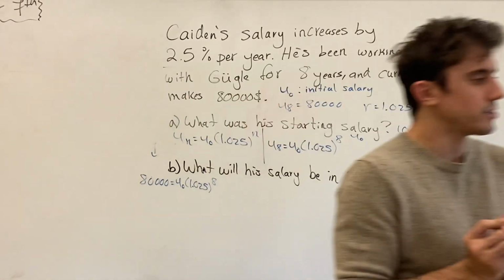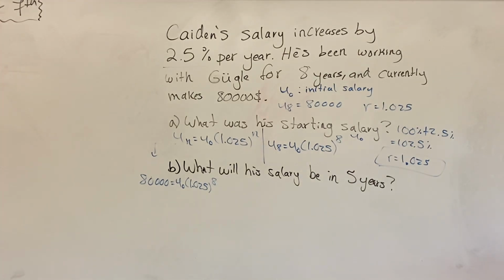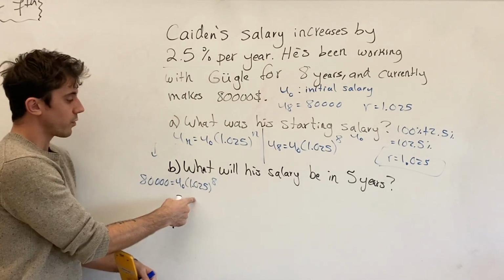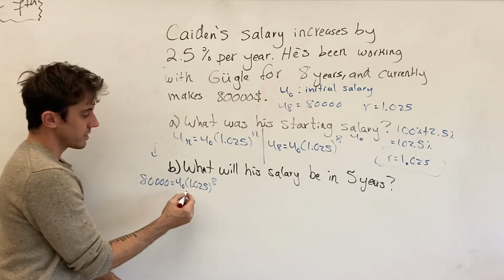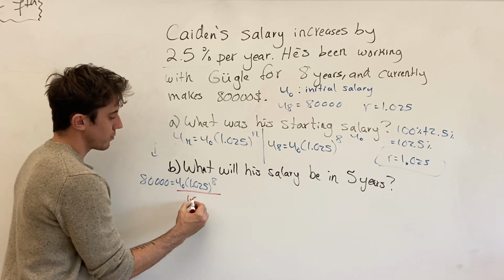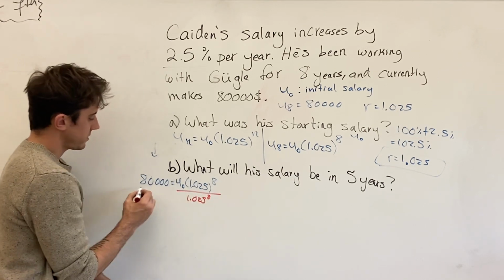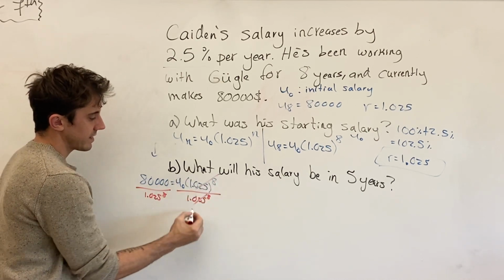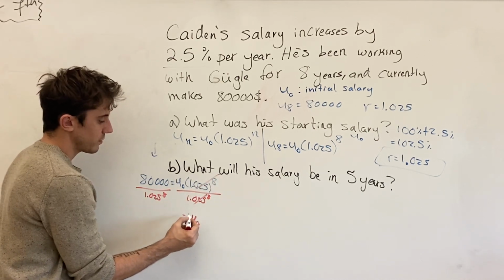Now we're down to just a bit of algebra, so let's do that together. We can divide both sides by 1.025 to the power of 8, so they cancel out and we can compute U0 right away.